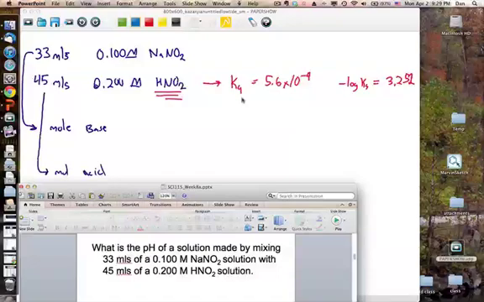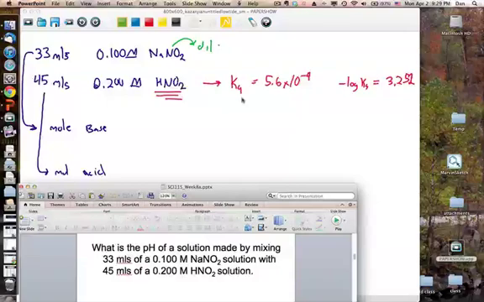Now, you could do it the long way. You can say, okay, we have this solution, we could do a dilution, and then say how much is actually left. But combining these, it's just really long, drawn out. It's correct, but it's a waste of your time because these solutions are poured together. They all have the same volume. The number of moles doesn't change. We can use the number of moles of the weak acid and the number of moles of the weak base, and plug them right into our Henderson-Hasselbalch equation.